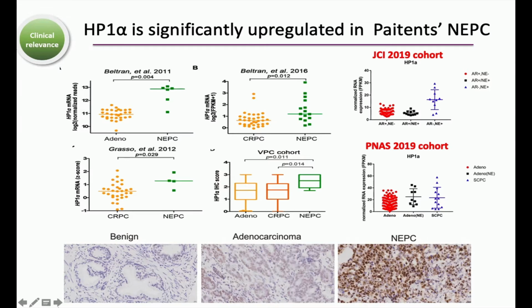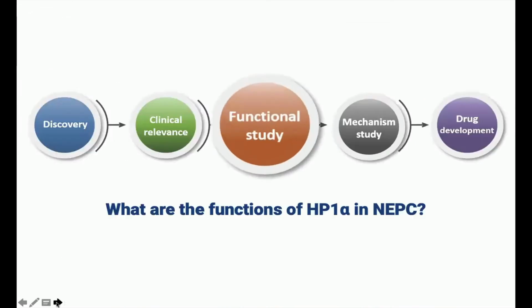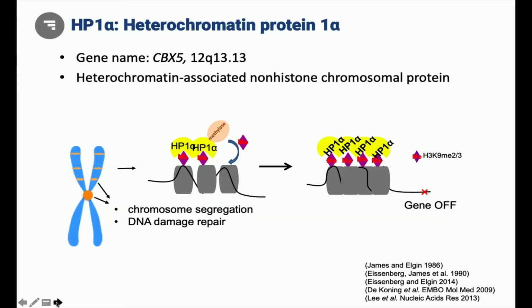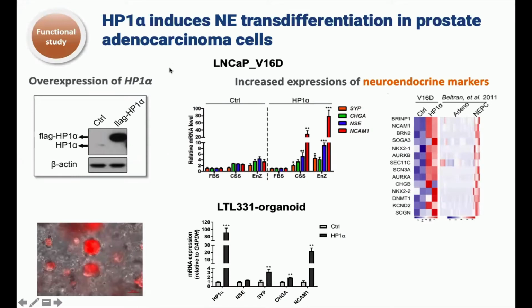This actually gave us confidence to do further study in terms of functional study. I don't have to go into the detail of how to describe this gene. So this is a functional study, and Xinpei used both cell lines, this adenocarcinoma cell line, and particularly the LTL331 organoid model.